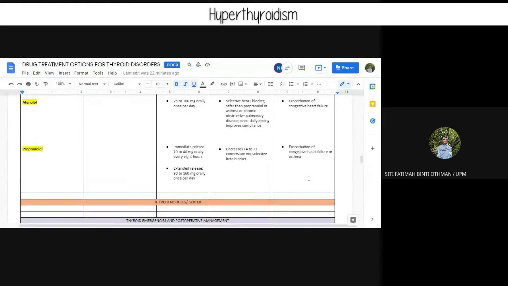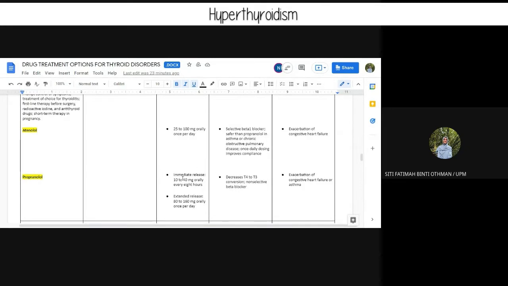Okay, the last one is propranolol. For propranolol, the dosage regimen for immediate release is 10 to 40 milligrams orally every 8 hours. And for the extended release, we will give 80 to 160 milligrams orally once per day.